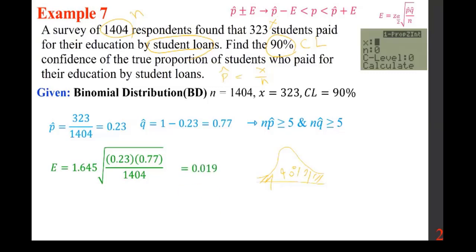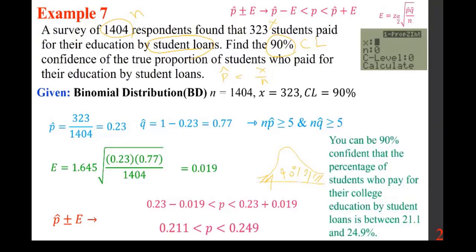So all you have to do is p-hat plus or minus E. Now you're going to subtract this from 0.23 and you're going to add this to 0.23. What does it mean? That means we are 90% confident that this confidence interval of 0.211 to 0.249 does contain the true percentage.